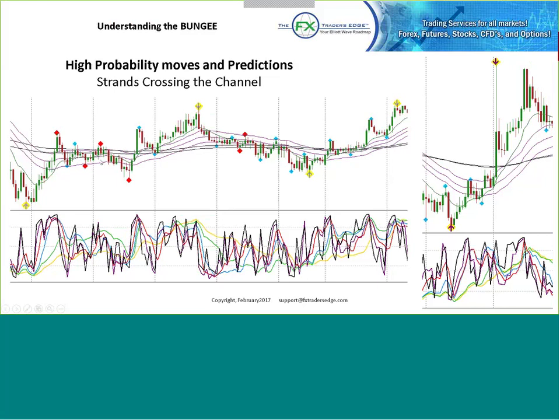And the other thing that helps you with all that, and we'll come back to it later on, is the fact that if price crosses the wave and the tunnel, like it did here, we expect a yellow semaphore.